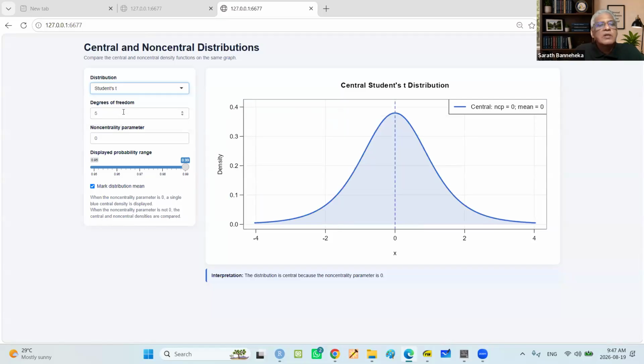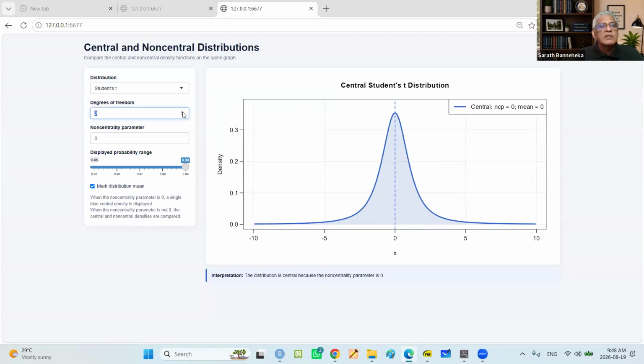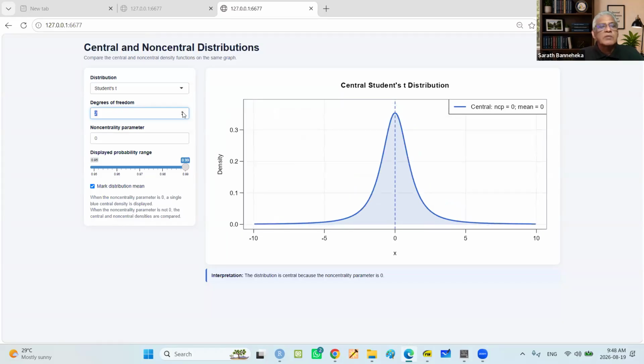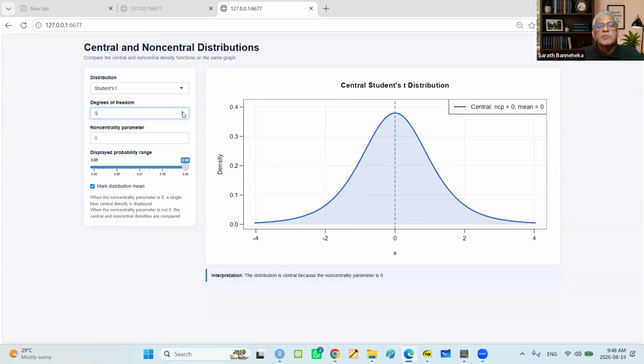I have now here a central t distribution. By default, I have chosen degrees of freedom to be 5. If I want, I can change the degrees of freedom like this. So let me stick with degrees of freedom 5 here.